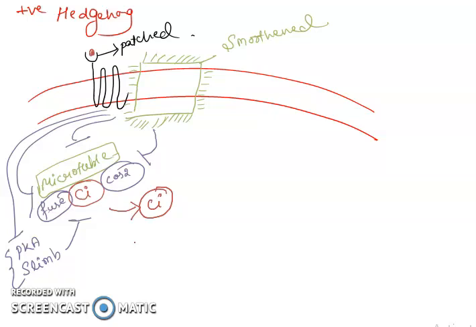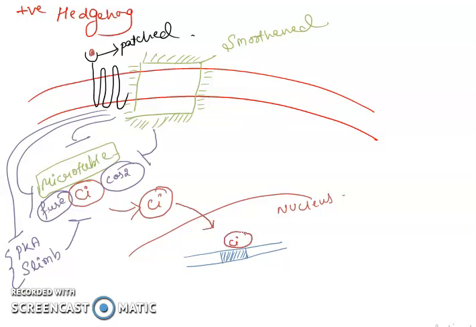So to perform its work, it first has to enter into the nucleus. This is the nucleus. In the nucleus, there is a fragment of DNA in which the gene needs to be transcribed. Now the CI, which was free, will enter into the nucleus and it will be present here.